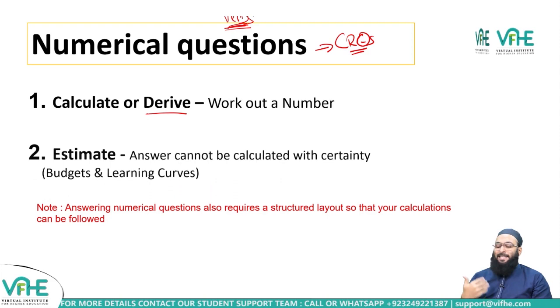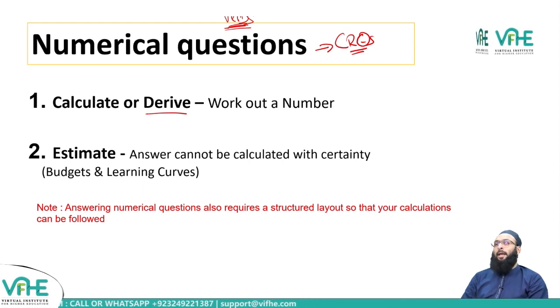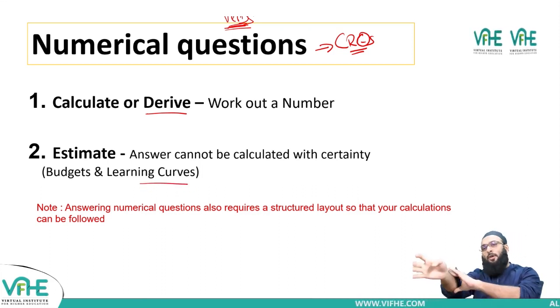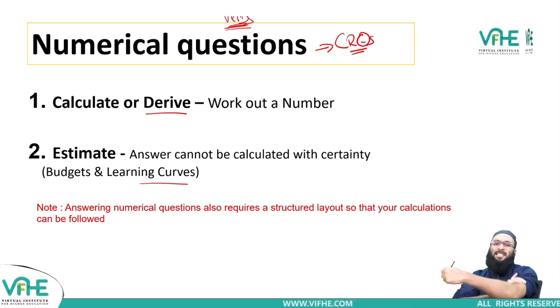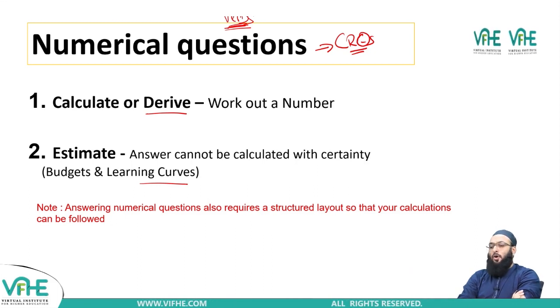Second is estimate. Now this word estimate is used by the examiner when the answers cannot come accurate. That is where you have to estimate, like learning curves. We use an estimated learning curve of 80% or 90% according to our prediction.